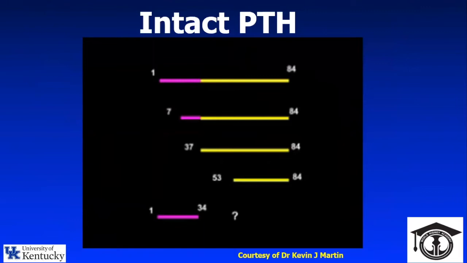So what happens is when we send a PTH assay, we actually measure the intact PTH. What is the intact? This is actually a misnomer. So intact PTH actually gives you all of these fragments and whole PTH. Here is the whole PTH, the 1-84, okay? You can detect it by the 3rd generation, and also by the 2nd generation, the most widely available PTH assay.